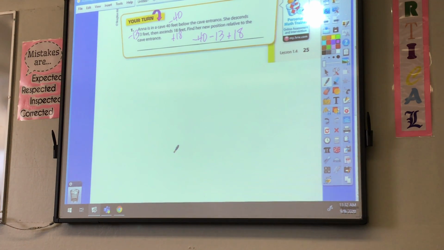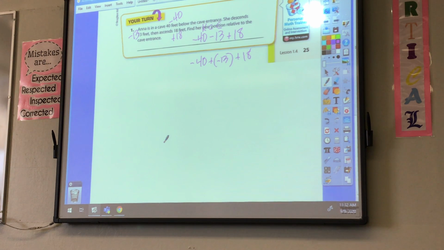All right? So I've got my initial expression, and now I'm going to do my keep, change, change, because I want to change everything to plus. I want to add everything instead of having these negatives in here. So I'm going to keep, change, change: negative 40, change to addition, and change the sign of the number.